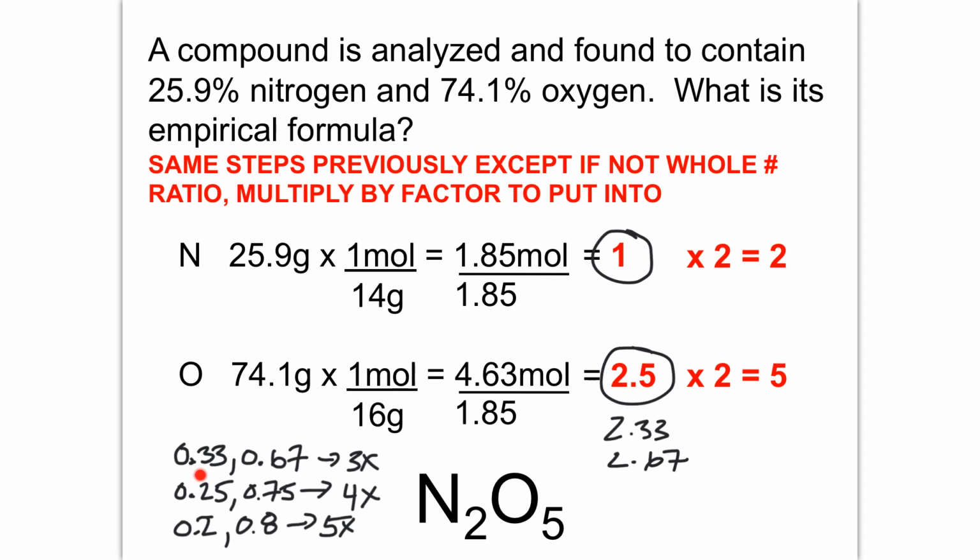If your subscript ends in 0.33 or 0.67, everything gets multiplied by 3. 0.25 to 0.75, everything gets multiplied by 4. 0.2 to 0.8, 5, things like that. If it's equal to 0.1 or lower, then you're going to assume that that's close enough to the nearest whole number. So 0.9 would be 1, 1.1 would be 1.